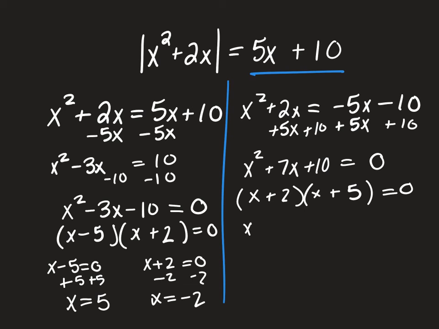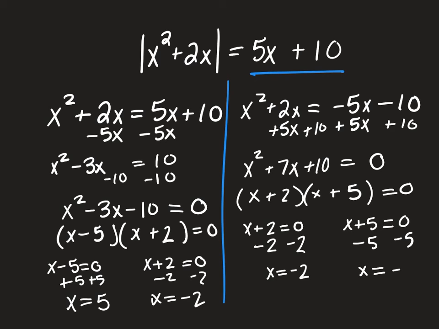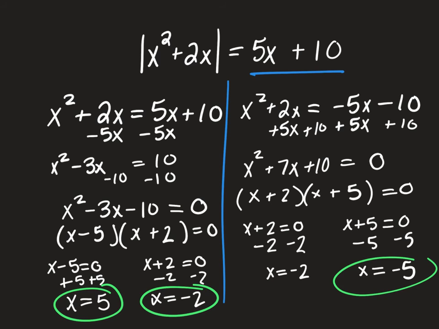And then set our factors equal to 0. So we get another negative 2 and a negative 5. So we have positive 5, negative 2, negative 5. So this one we have 3 solutions.